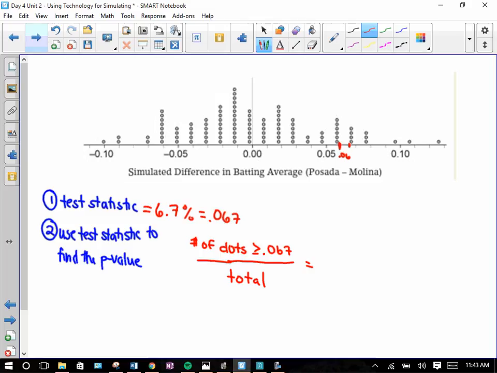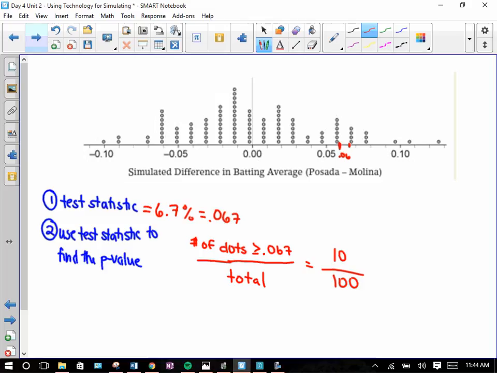In this graph, each one of these dots represents a simulation. How many simulations are in this problem? 100. So we're going to divide by 100. Now, the number of dots greater than or equal to 0.067: 1, 2, 3, 4, 5, 6, 7, 8, 9, 10, out of 100.